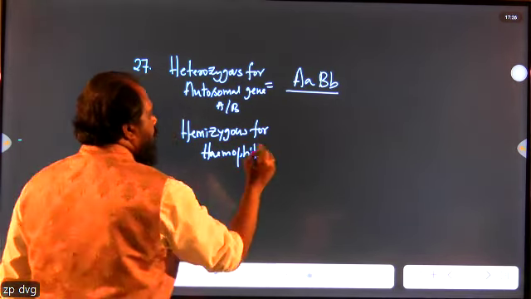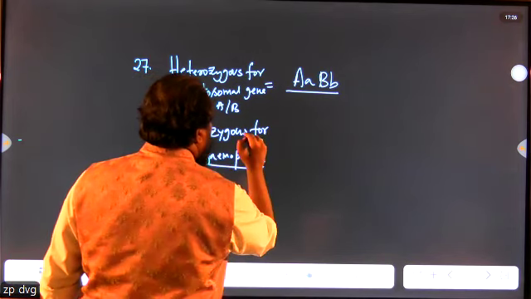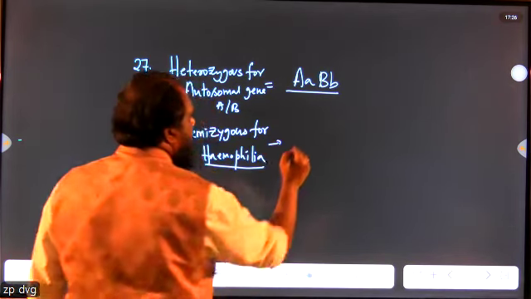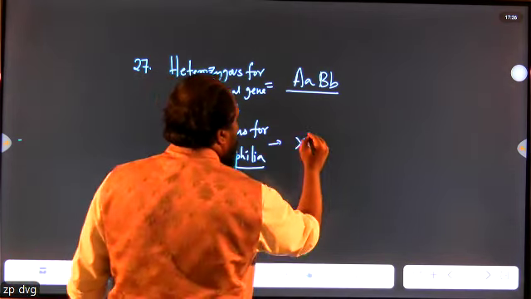Hemizygous for hemophilia means only one set of the gene is present.